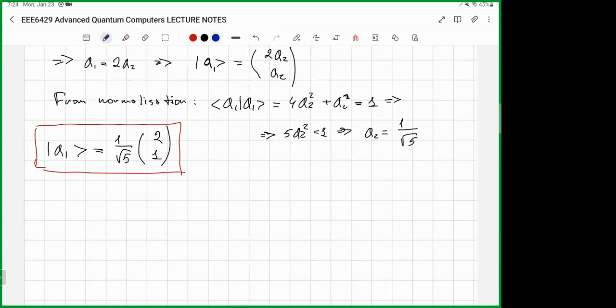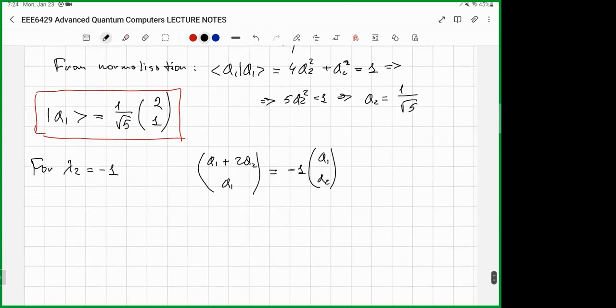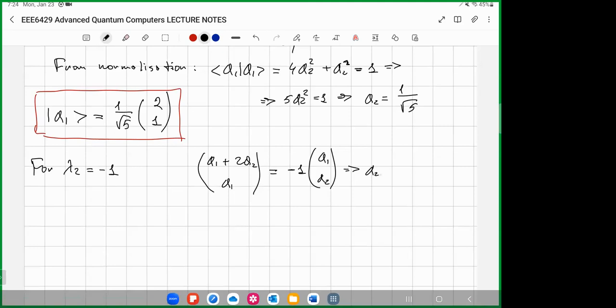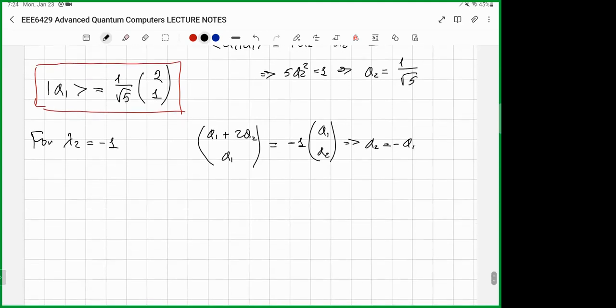So for the second one, for lambda 2, which is -1, we write the same, basically: a1 plus 2a2 over a1 is equal to -1 times a1 a2. From here we conclude that a2 is equal to minus a1.